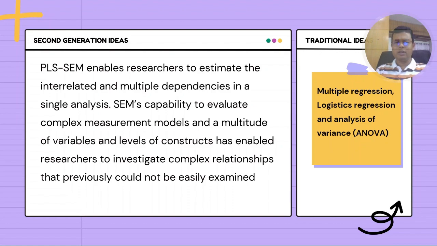When you have lots of constructs, I mean predictors, and multiple dependent variables, I mean target variables, and under each and every construct or factor you have some items, it's quite difficult to calculate the predictive value using the traditional way. So in that case, we use the second generation analytical technique like partial least square based structural equation modeling.